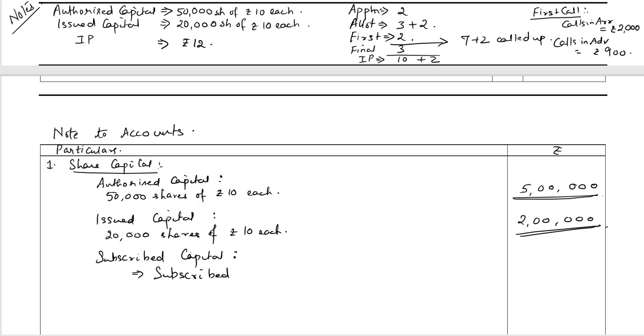Subscribed but not fully paid up. It's 20,000 shares of rupees 10 each, 7 rupees called up.